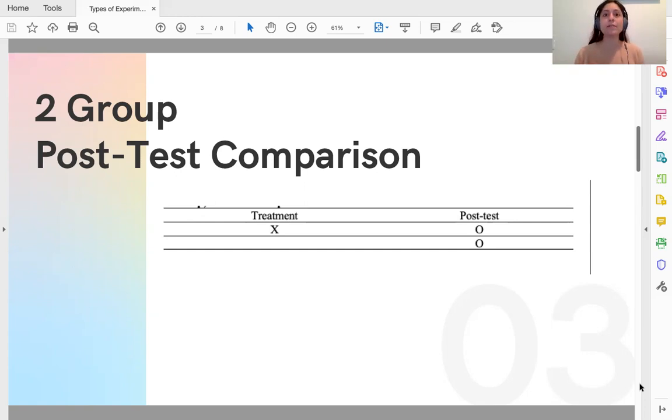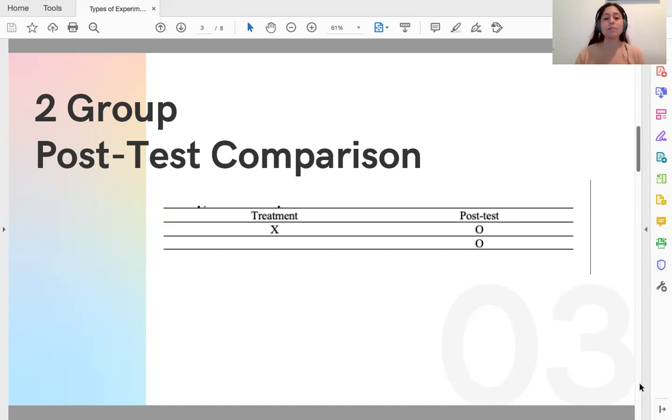So because you have that second group, you can start to control for a couple of things. But because there's no pretest here, you can't really tell if the groups were more different than you thought they were before the treatment happened. An advantage of this is that it can be extended to include more than two groups if necessary.